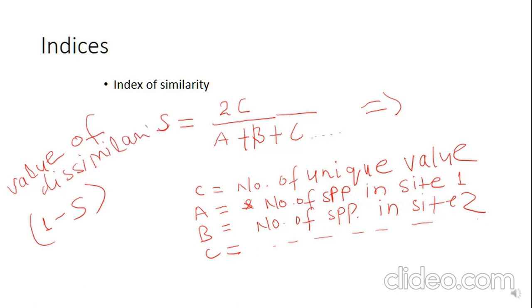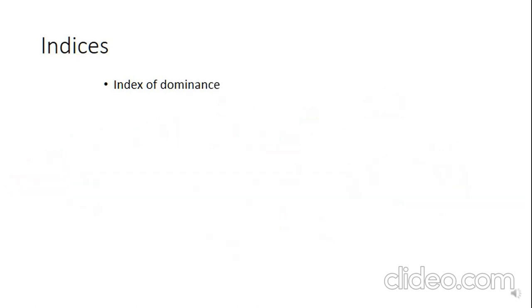Right? We have one more index, that is the dominance index. It is represented by C is equal to summation, and it is again a very small fraction, (Ni divided by N) whole squared. Ni we know what it is.